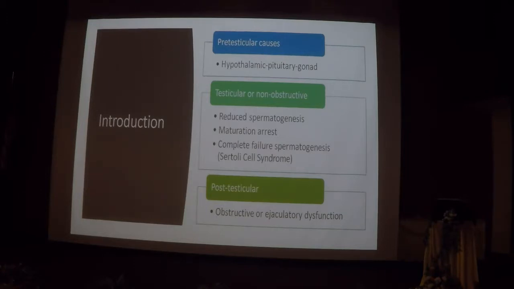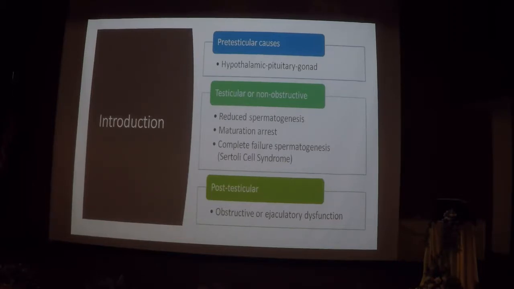So what are the causes of azoospermia? We can divide into three major ones: before the testis, due to the testis, or post-testicular. The commonest cause of pre-testicular is by far hypogonadism. Something wrong with the HPO axis leading to decreased formation of spermatogenesis. Testicular causes are usually what we call non-obstructive causes.